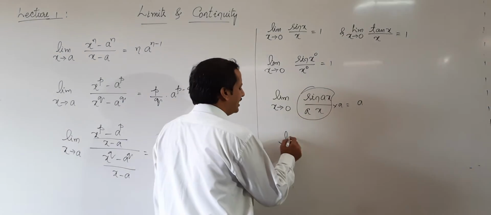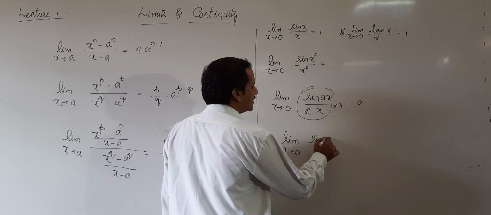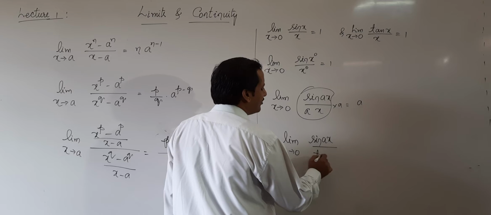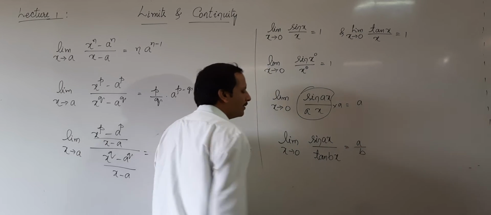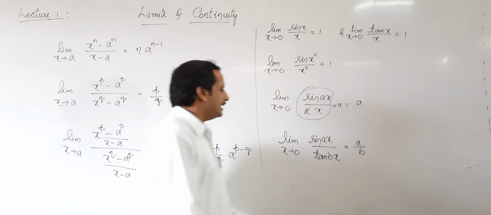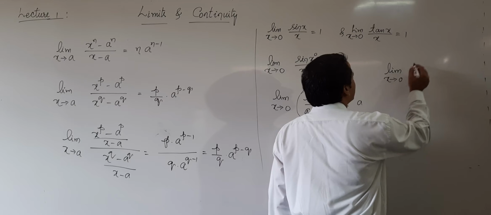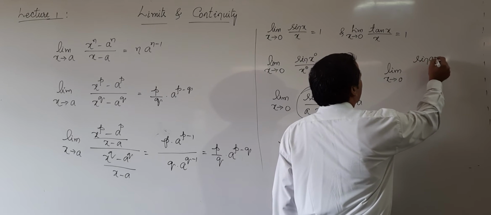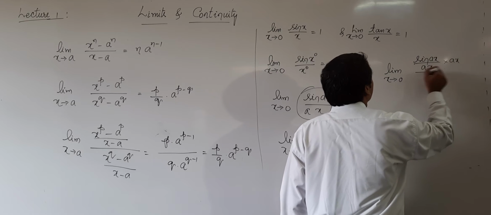So then I can write that limit x tends to 0, sin ax divided by tan bx is equal to a by b. Because here in the numerator we have sin ax, so I want ax in the denominator. I will multiply and divide by ax: sin ax by ax into ax.